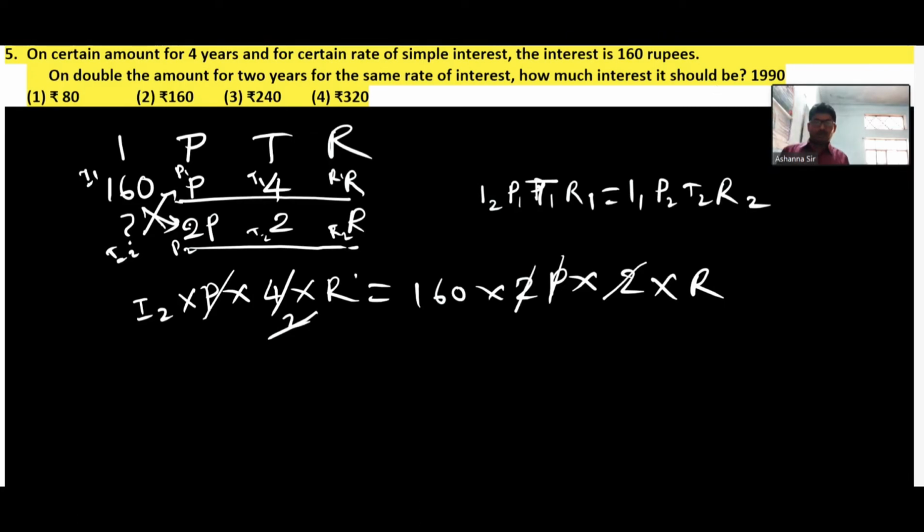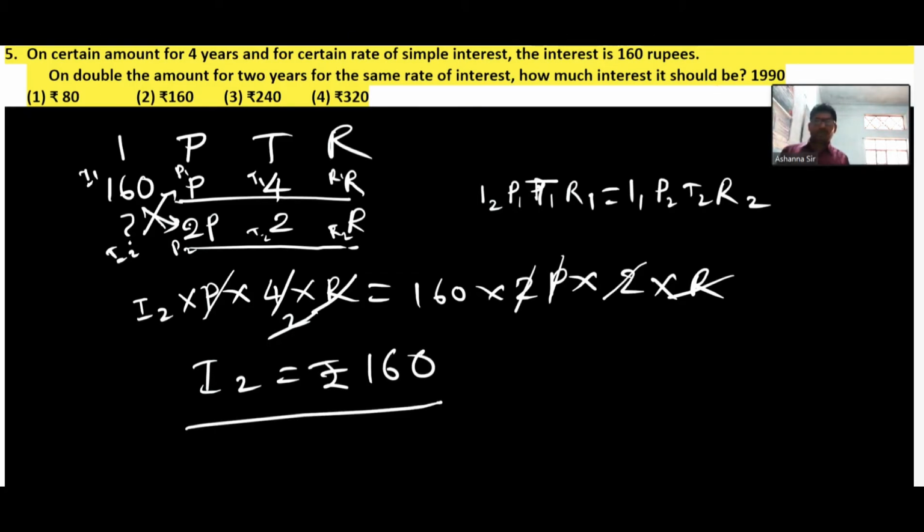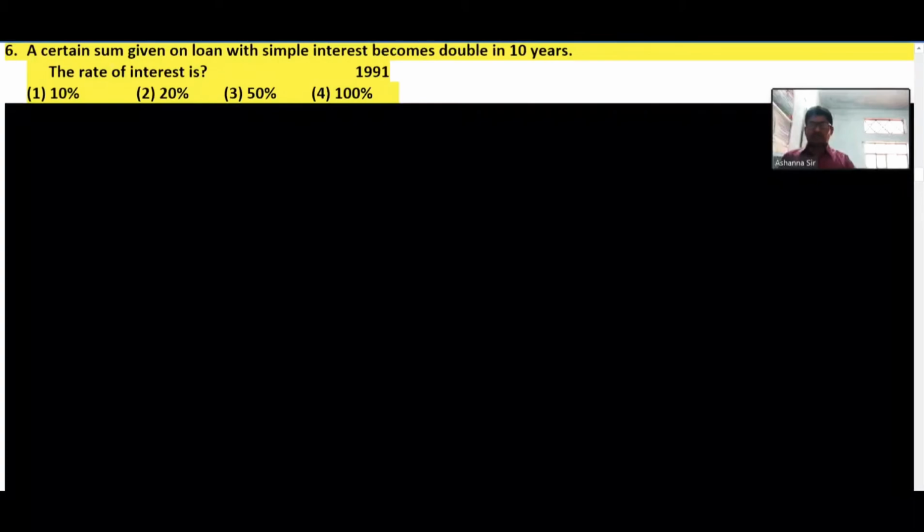R also cancels. So what is the remainder on the right side? I2 is 160 rupees. So this is I2, 160, option 2.